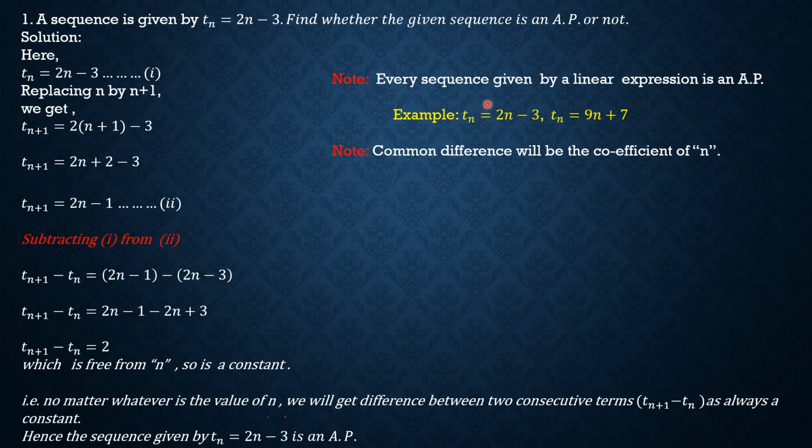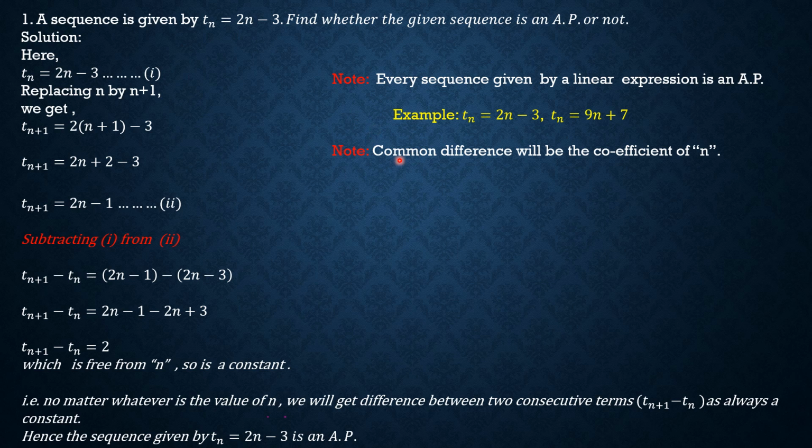So it is a linear expression. Similarly, in this case, the variable is n and the highest power of n is 1. So this is also a linear expression. In our question, this is also a linear expression. Linear expression always gives an AP, arithmetic progression.